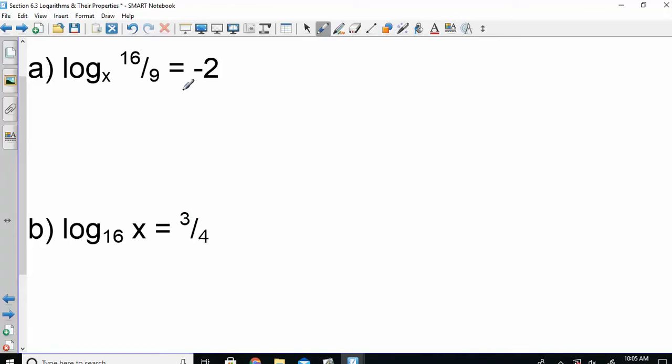What does this look like in exponential form? What do you want to do?